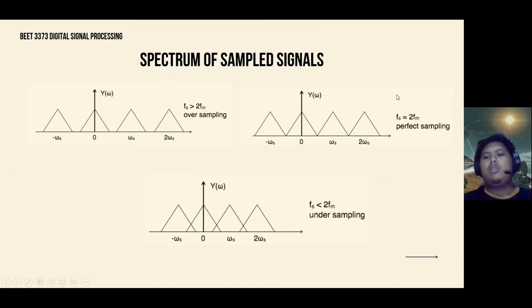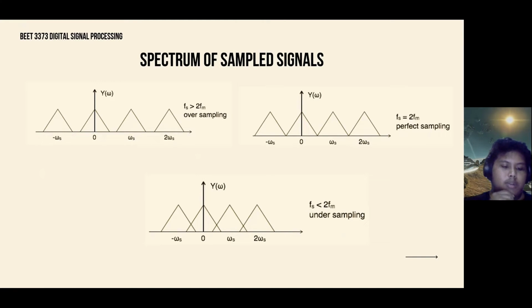Another one is perfect sampling, where the sampling frequency is equal to twice the max frequency. And the last one is undersampling, where the sampling frequency is lower than 2 times the max frequency.